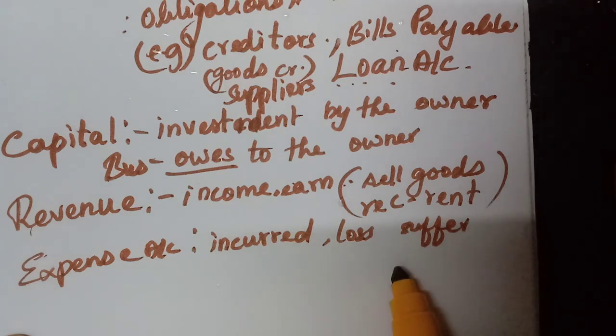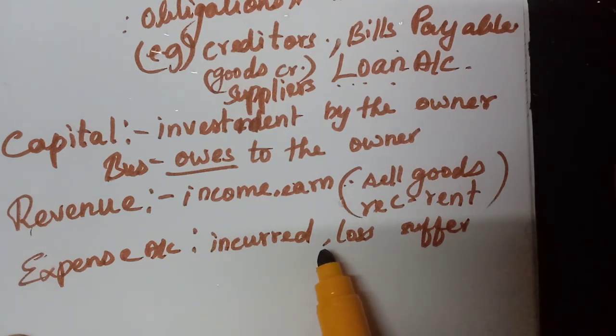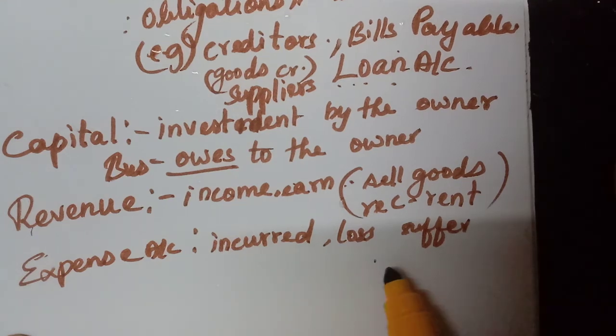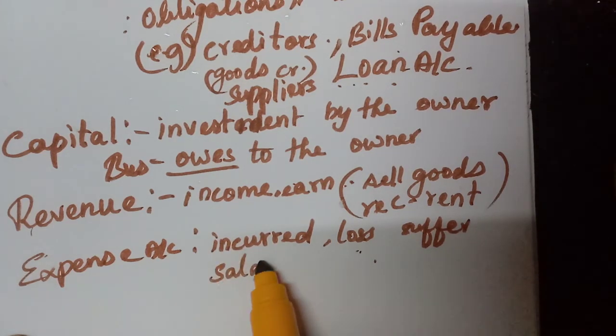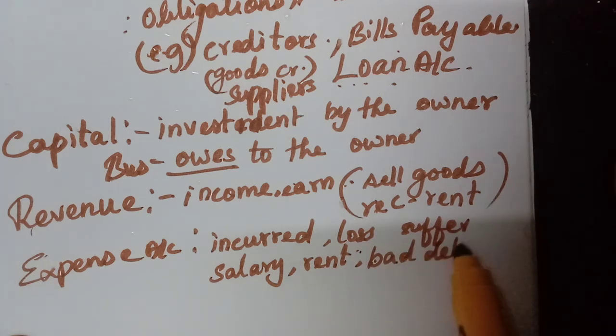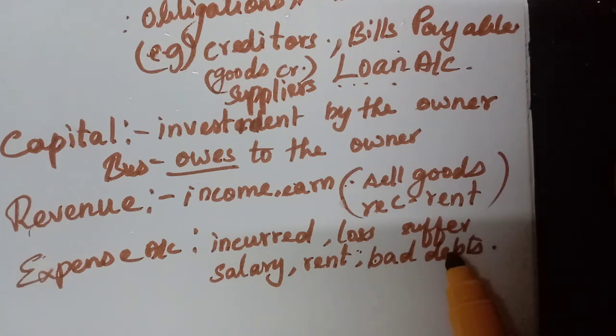In order to earn some money, to run the business, we have to incur some expense, or we need to suffer some loss. These are called expenses. For example, we pay salary for the staff, or we pay rent for the building, or some loss, bad debts. Somebody has not paid his debts, sundry debtors. All these are expense accounts.